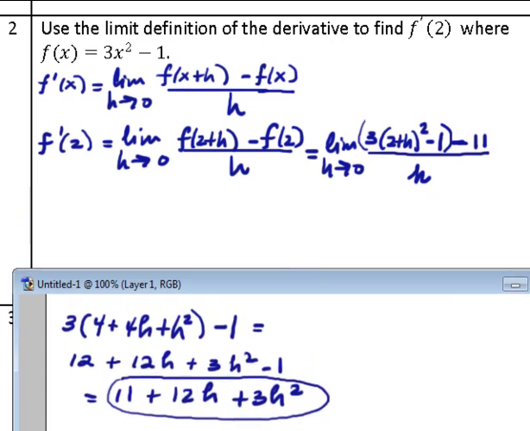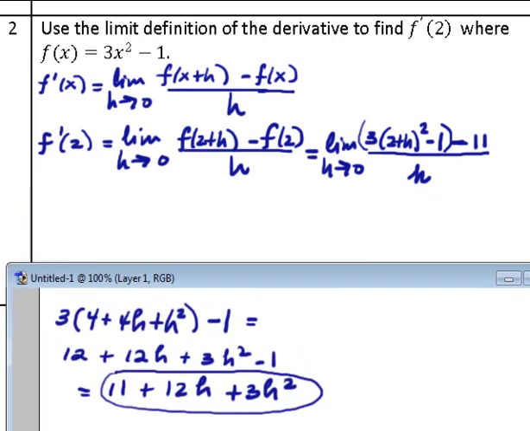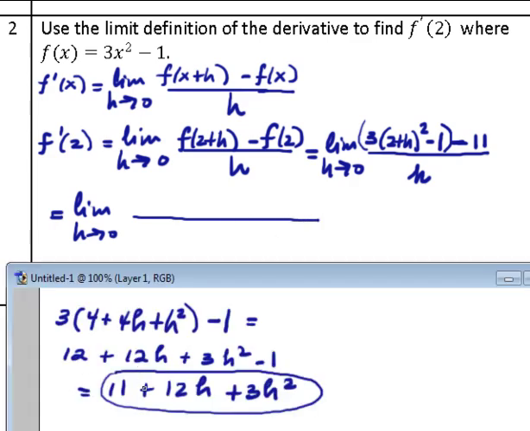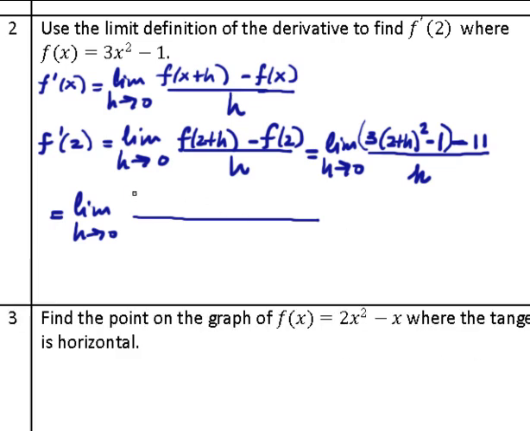So we have limit as h goes to 0. And let's just look at this again. 11 plus 12h plus 3h squared minus 11 over h.